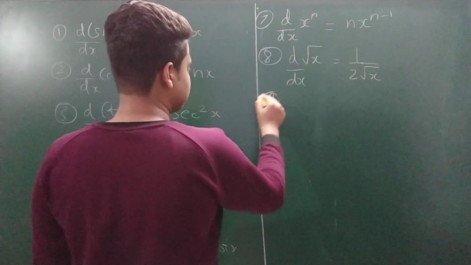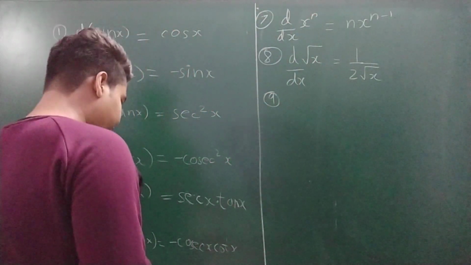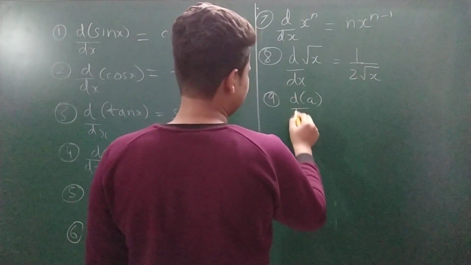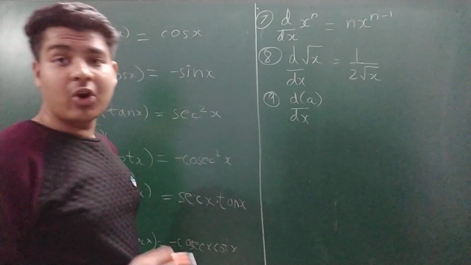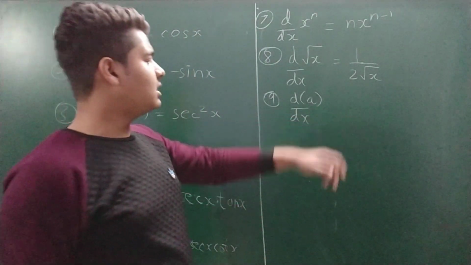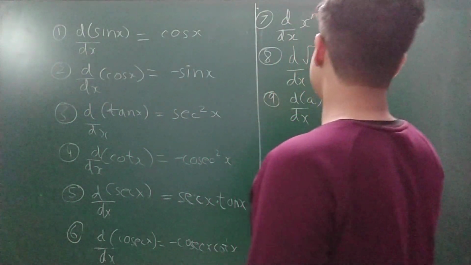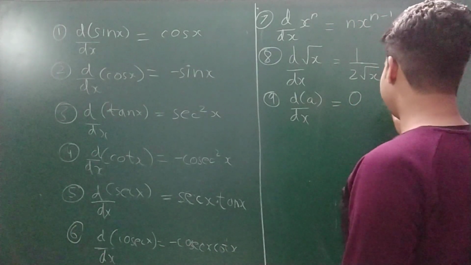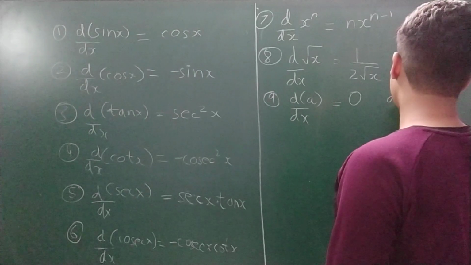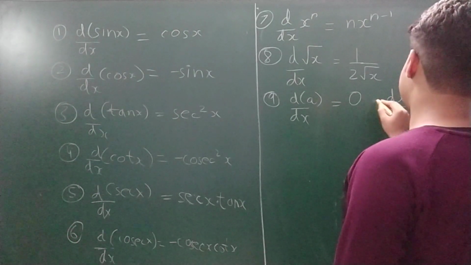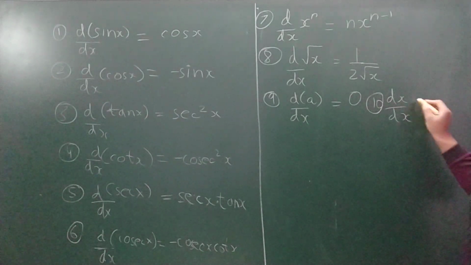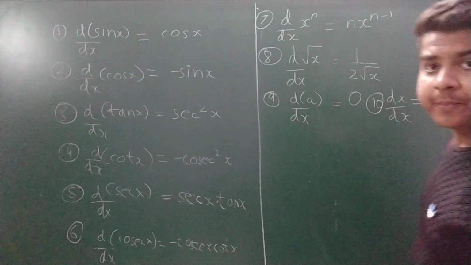Then the ninth one is differentiation of a constant. Any constant can be a, b, c, d, e, f, g, but not x. For this the answer is 0. And then similarly, differentiation of x with respect to x is the 10th one, and the answer is 1.